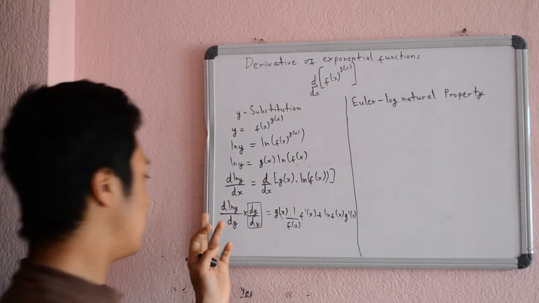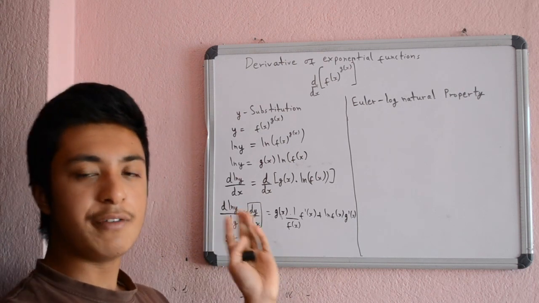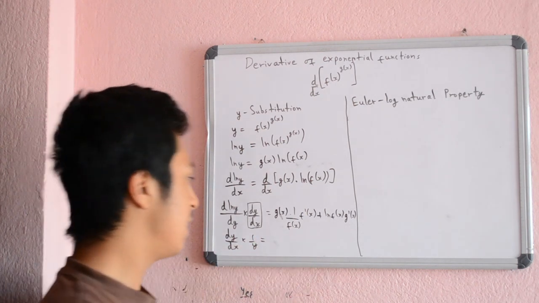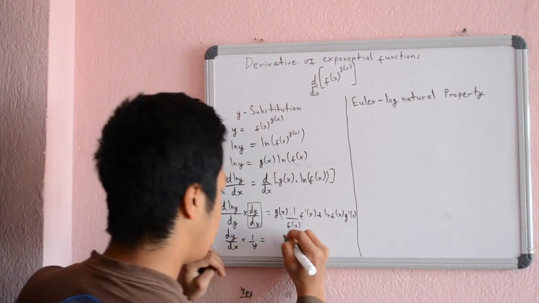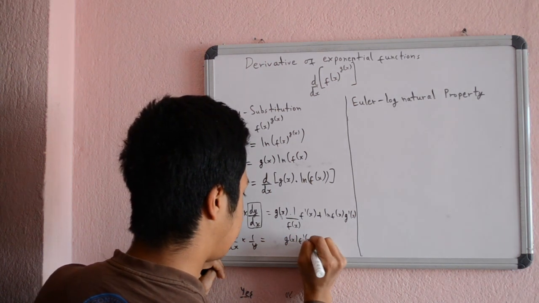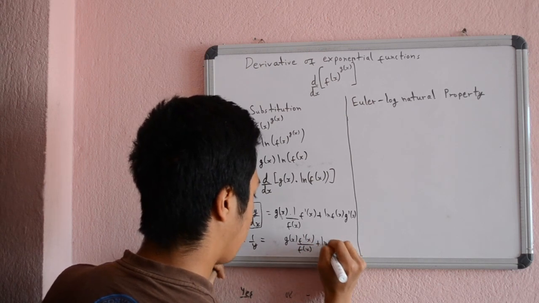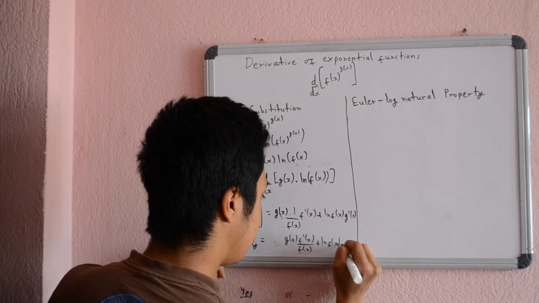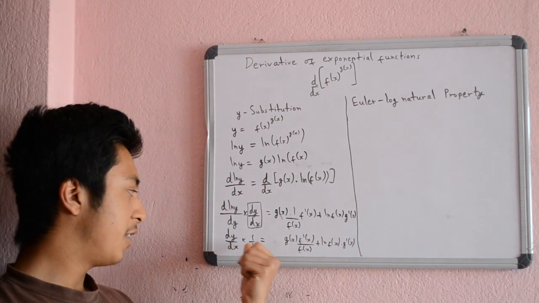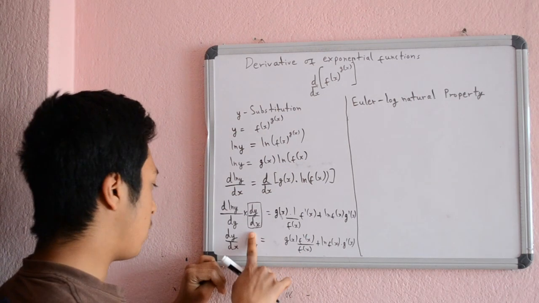And on the left, dy/dx, the derivative of log natural is just 1 by y, and here this part will stay the same. So this will be g(x) times f'(x) over f(x) plus the natural log of f(x) times the derivative of g(x). And here this 1 by y, we can multiply both sides by y and this y will go over here.